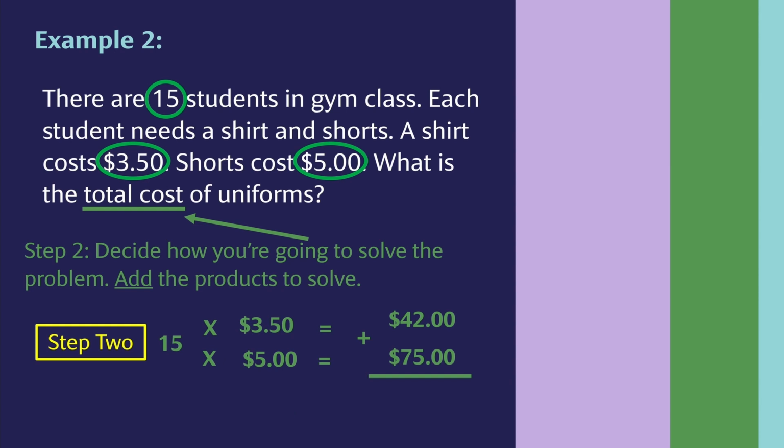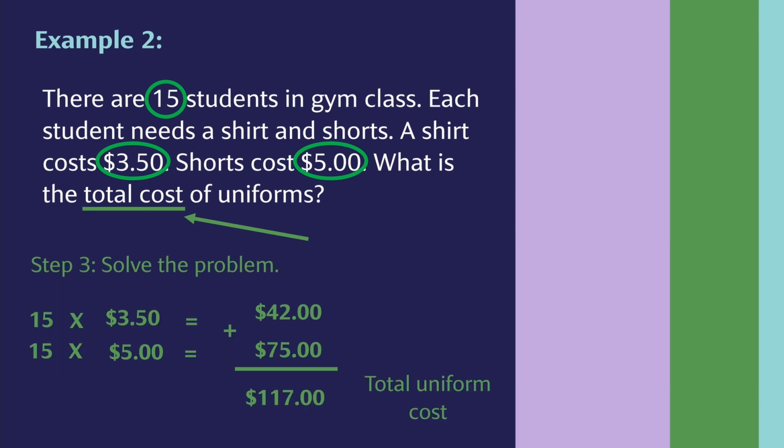Step 2, add the products to solve: $42 plus $75. Step 3, solve the problem. $42 plus $75 equals $117 total uniform cost.